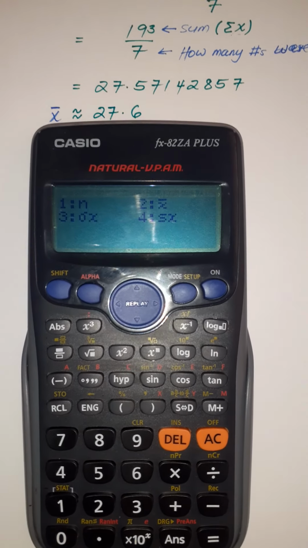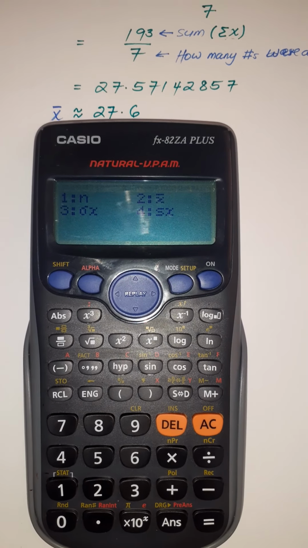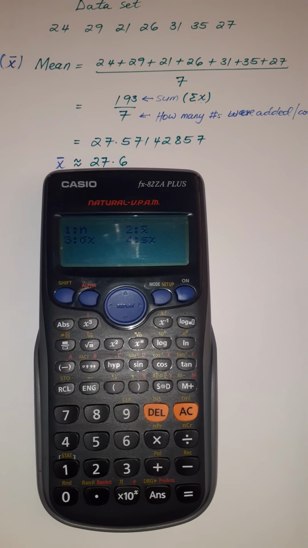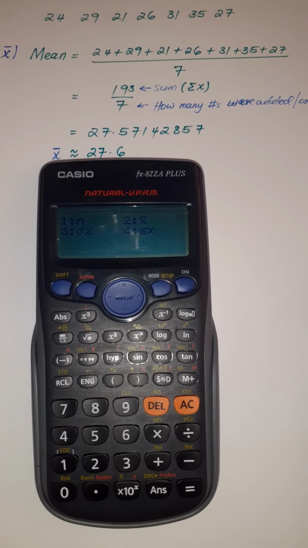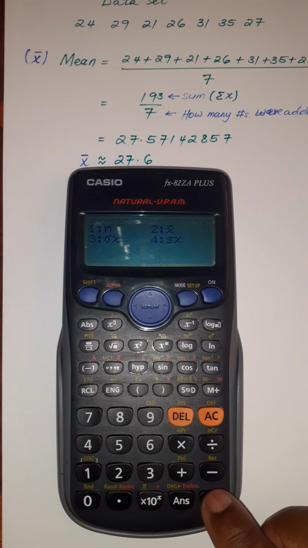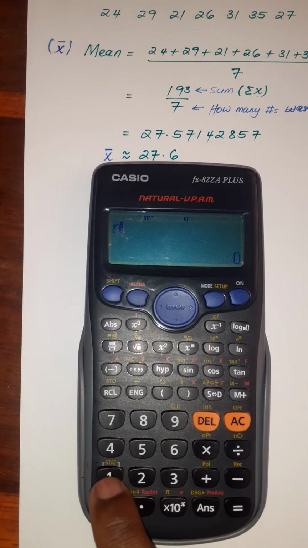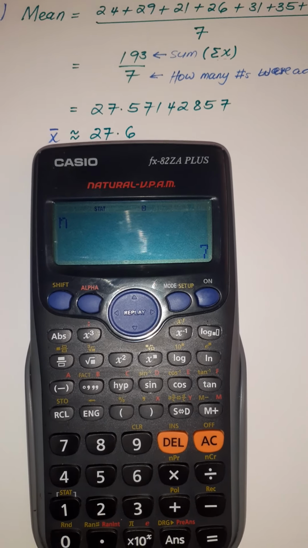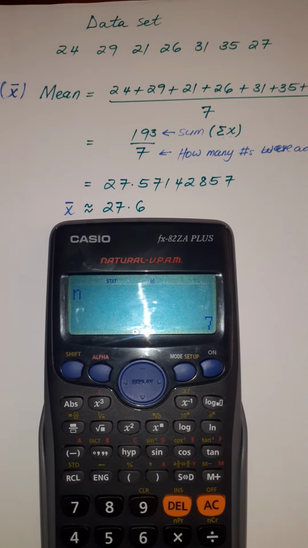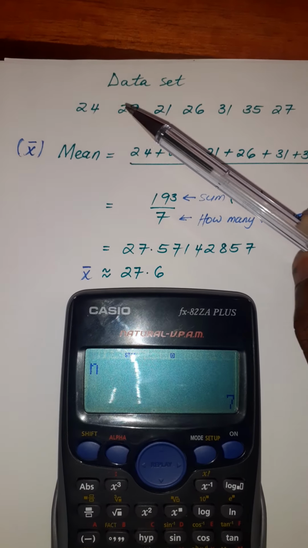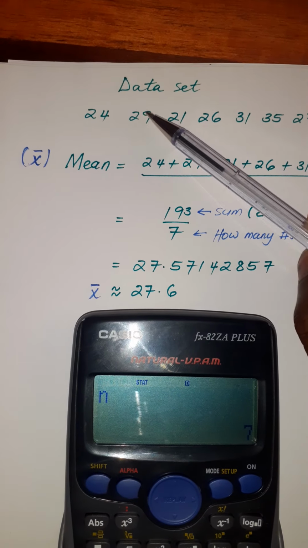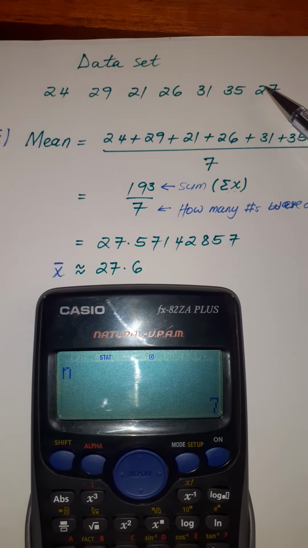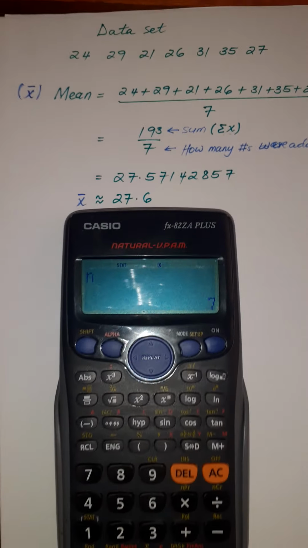The first option, number 1, where you see N, stands for the numbers that we entered in the calculator. So we press 1 and then equal. It means we entered 7 numbers. Let's verify that: 1, 2, 3, 4, 5, 6, 7. Indeed, they are 7.